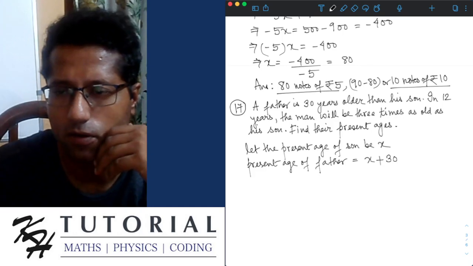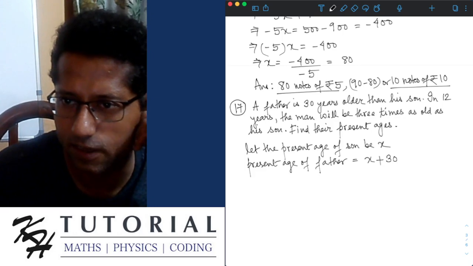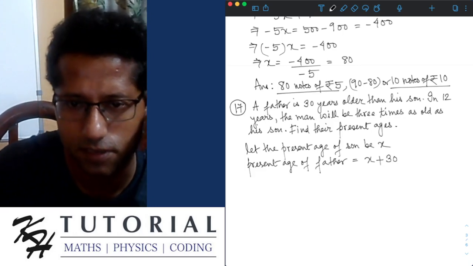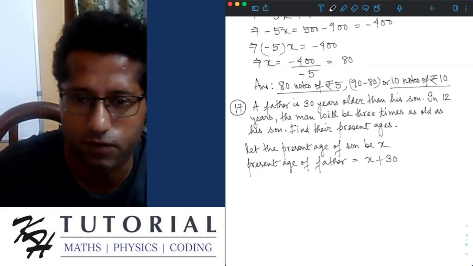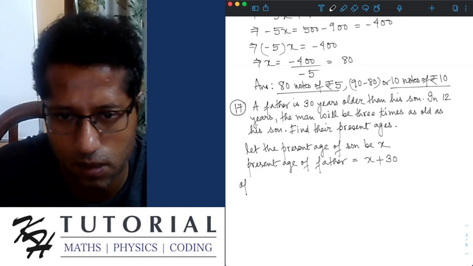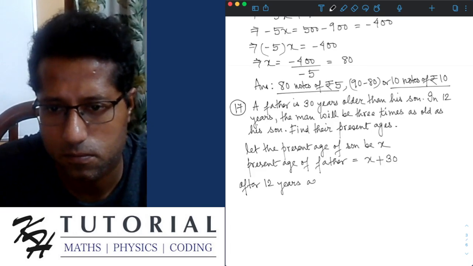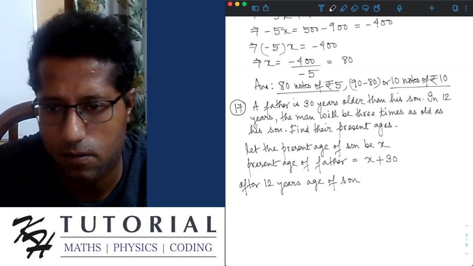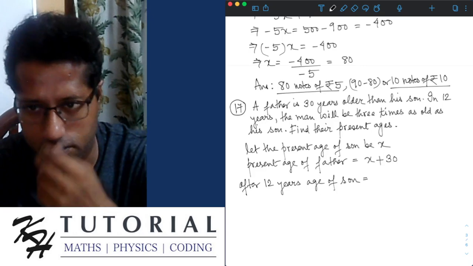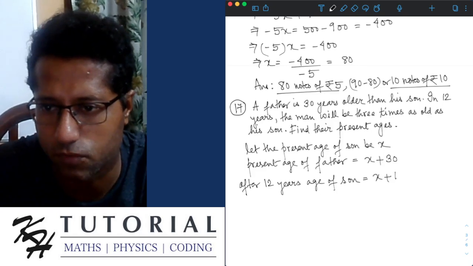Now it is saying in 12 years, means after 12 years, the man will be 3 times as old as his son. Let's find out what will be the ages of the father and son after 12 years. So after 12 years, age of son equals, the present age of the son is x, so after 12 years the age of son will be x plus 12.